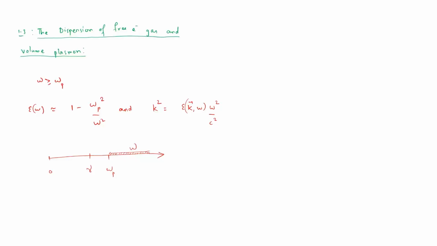Now let us try to derive this. We have the relationship k square equals epsilon(k, omega) omega square over c square. From here we can get omega square as k square c square divided by epsilon of k and omega.